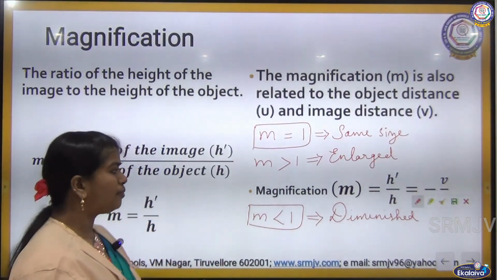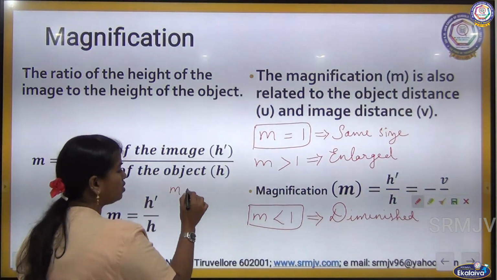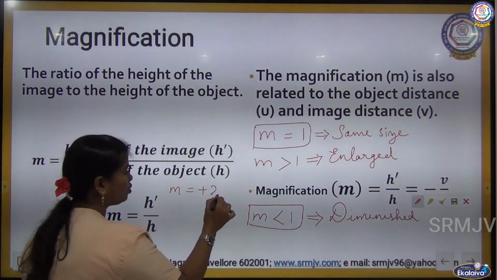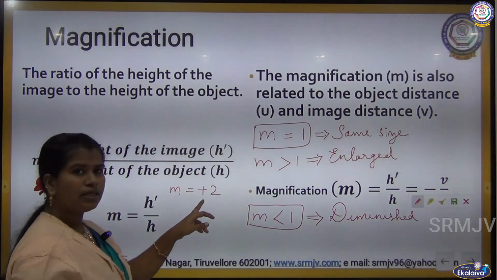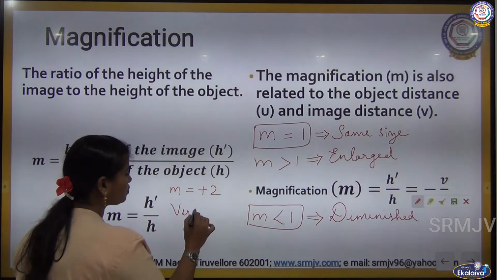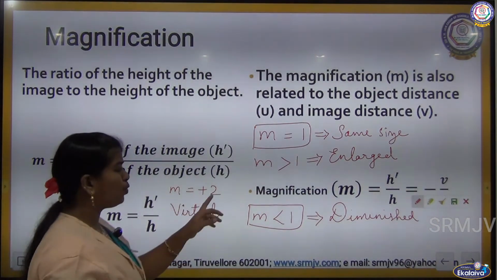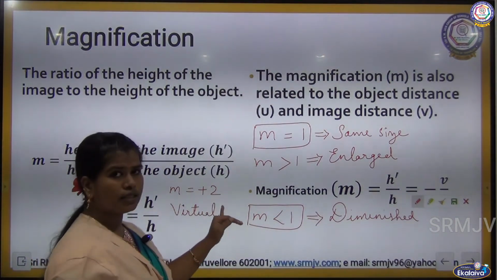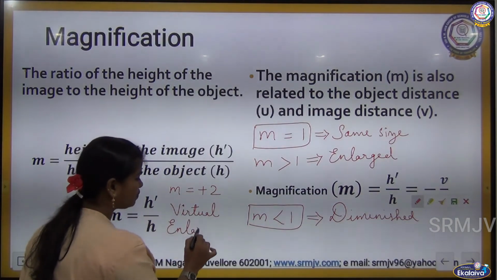One more thing I wanted to tell you: if the magnification is positive, for example +2, this plus indicates that it is a virtual image, and 2 is more than 1, so we should consider that it is a virtual and enlarged image.